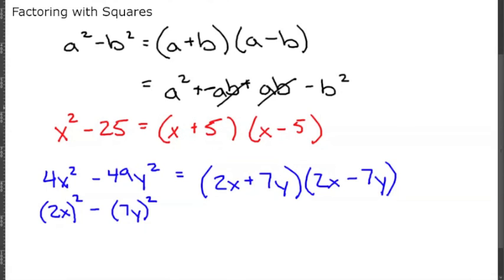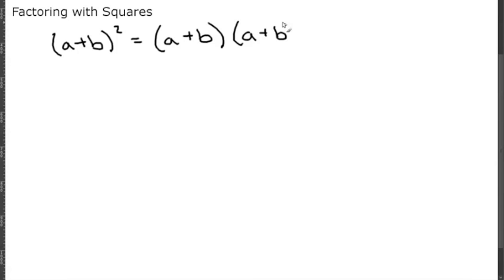Now that we know how to do difference of squares, let's look at factoring a perfect square trinomial. We know that if you have a plus b squared, that is really (a plus b) times (a plus b).